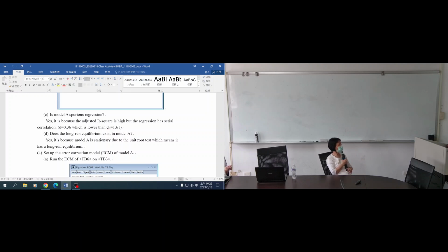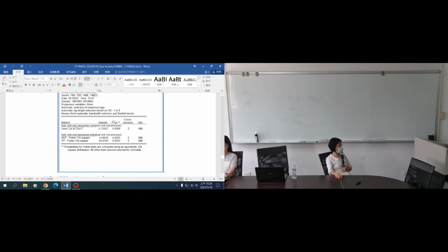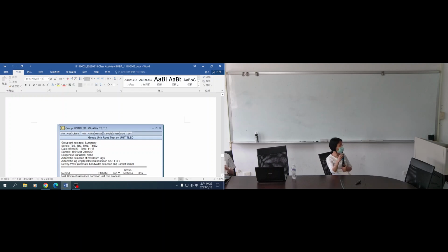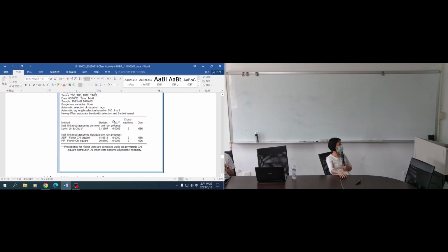So to answer whether the regression is spurious, we look at the co-integration test, which is the unit root test for the residual.